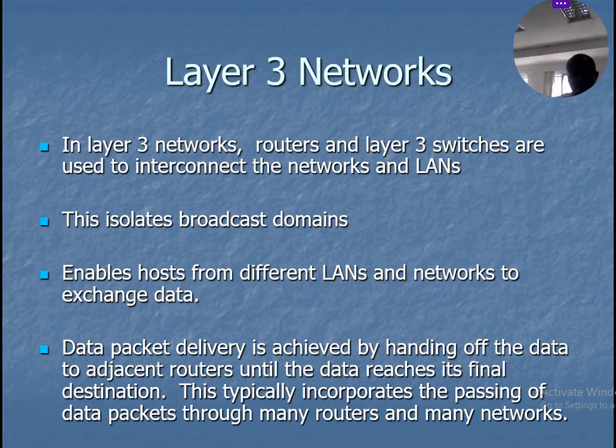Now, if I'm sending anything from Kuala Lumpur to, let's say, Johor Bahru in Malaysia, or from Vancouver in Canada to maybe Toronto in Canada, the data packet might pass through a series of routers before it eventually gets to the router that interconnects to the network where the data packet is to be delivered.